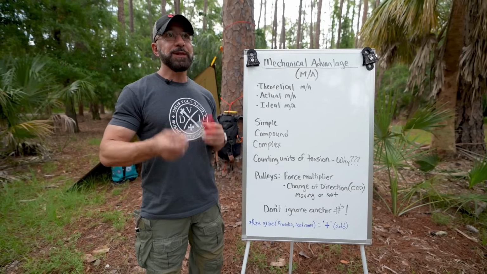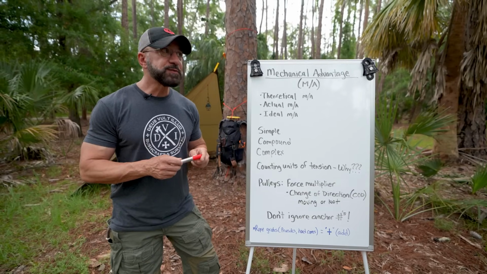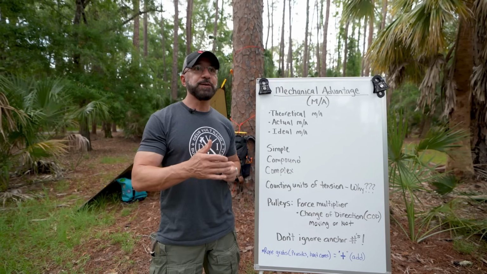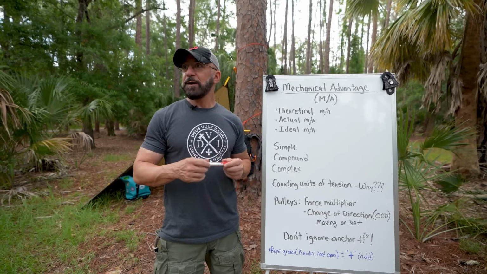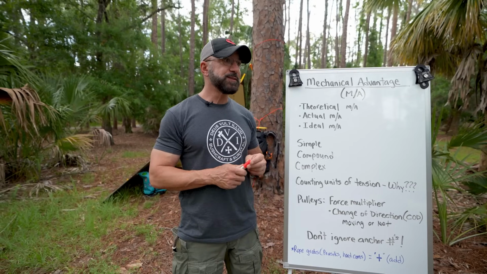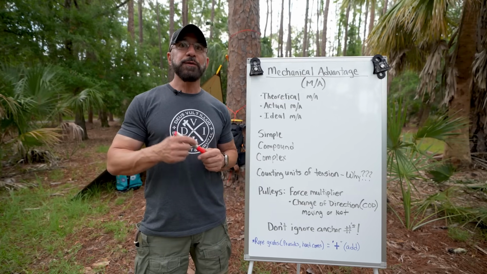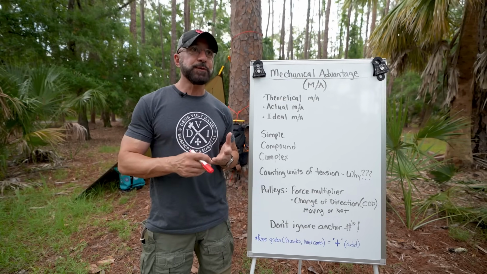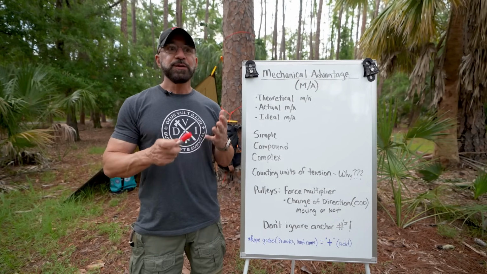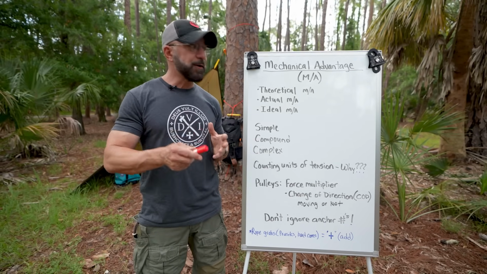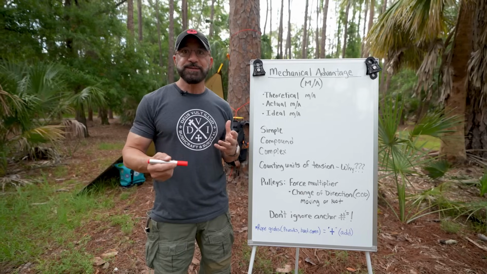So we like to teach, unlike most classes, the most important, the hardest to understand out front. Counting units of tension is vital in building systems. It's also vital for the rescuer or the end-line user who's building a mechanical advantage to know what the system is rather than trying to memorize a pattern of ropes and pulleys, right?